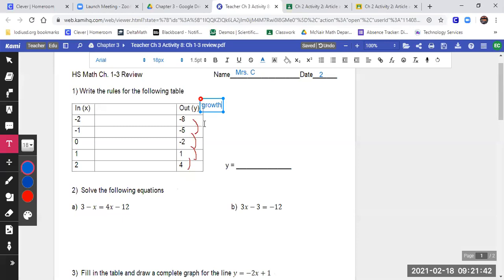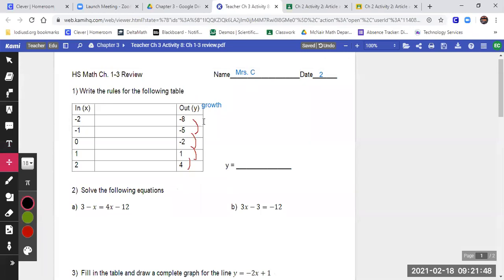I went from -8 to -5. What growth is that? Which direction? Is it positive? Is it negative? And how many? To go from -8 to -5.